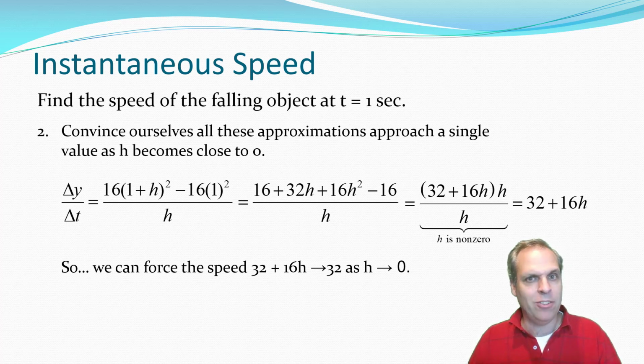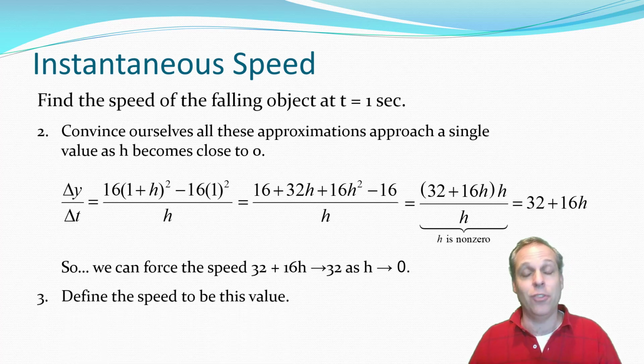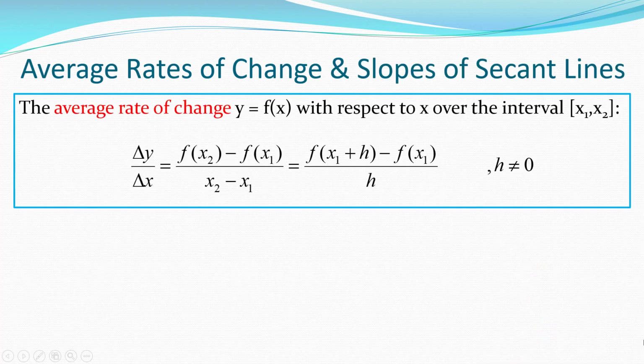Well, there must be a speed though. That seems reasonable. So if there must be a speed, and this always approximates it, and all these approximations are getting close to 32, I'll just define the answer and say the speed of the object must be 32 feet per second.